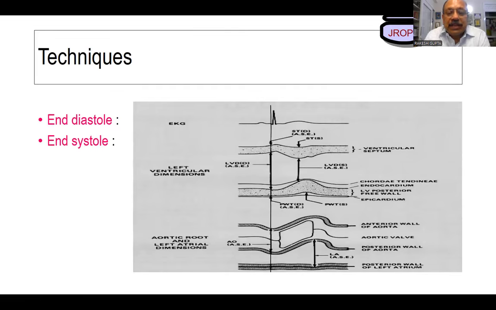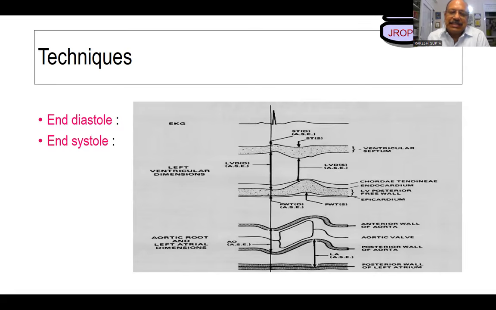Now the question is, when do we measure what? The most important thing is whether the measurements are at end diastole or end systole. End diastole means when the LV has become bigger in size and the LA has already contracted. End systole means when the LV has contracted and the LA has become maximum in size.